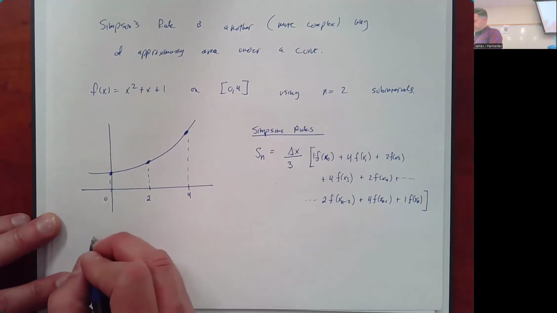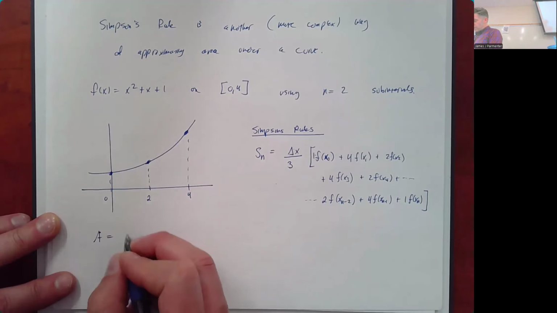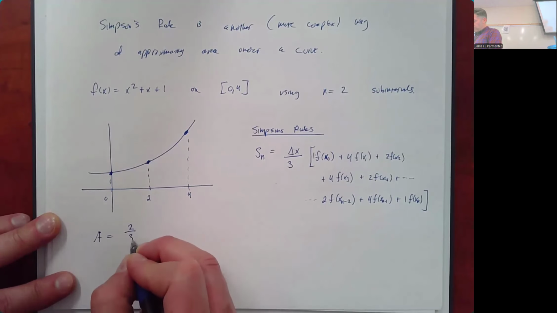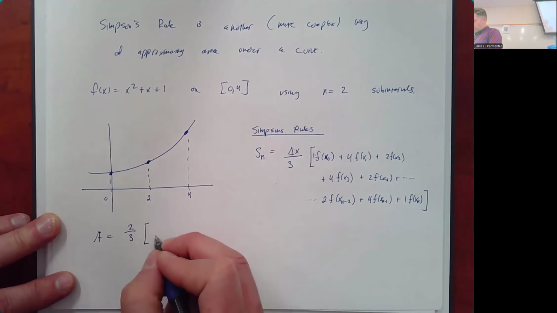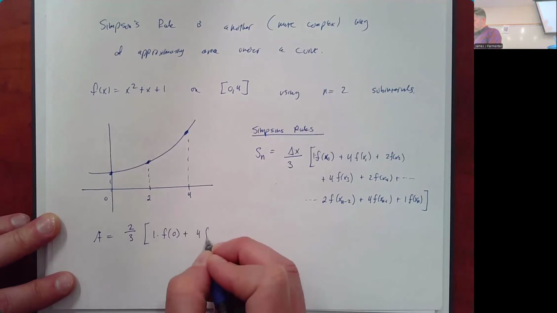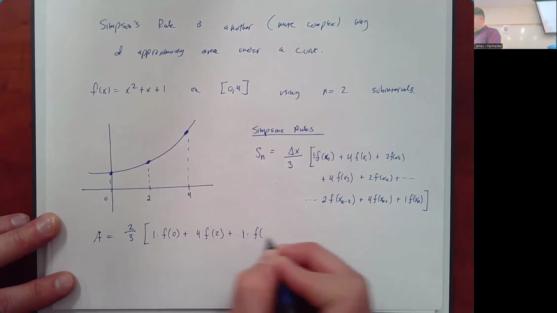So our approximating area is going to be my delta x, which is 2, divided by 3, and then 1 times f of 0 plus 4 times f of 2 plus 1 times f of 4.